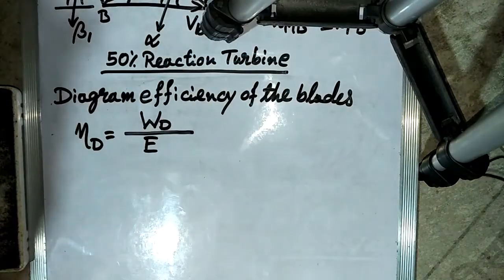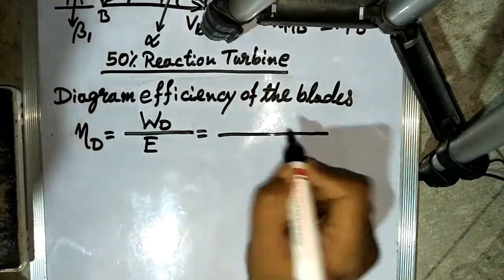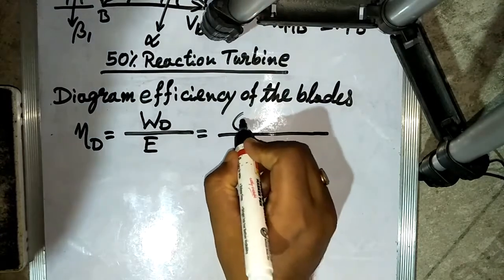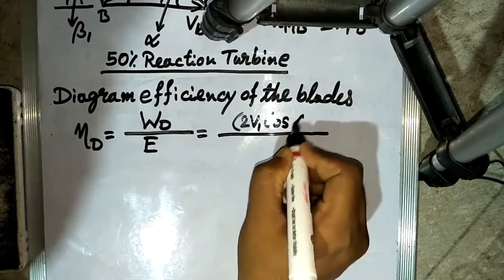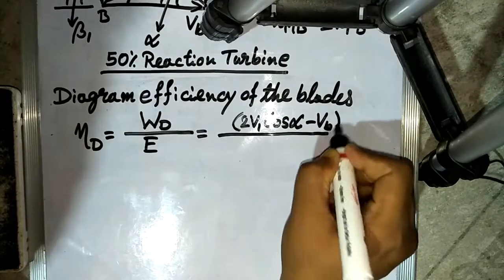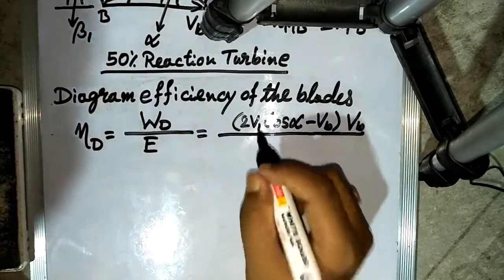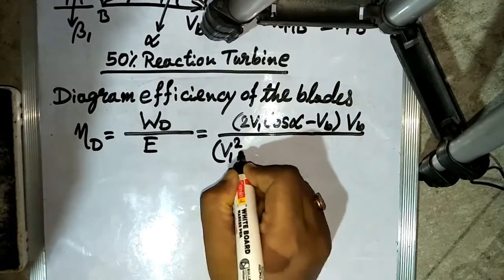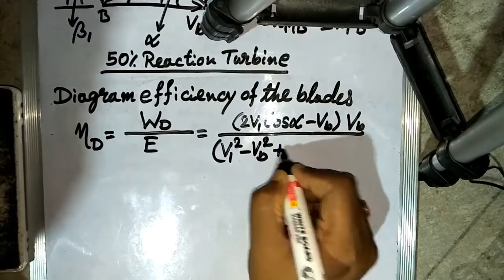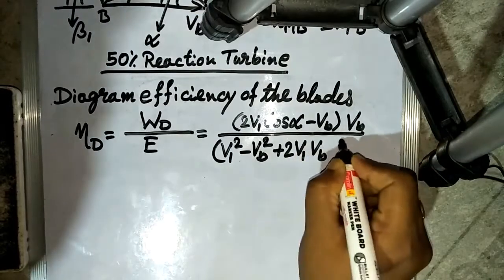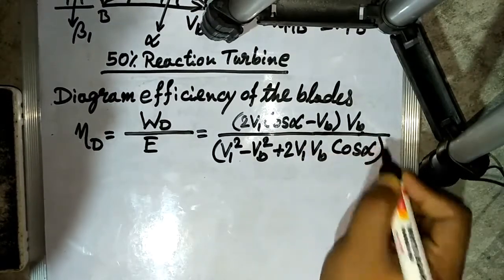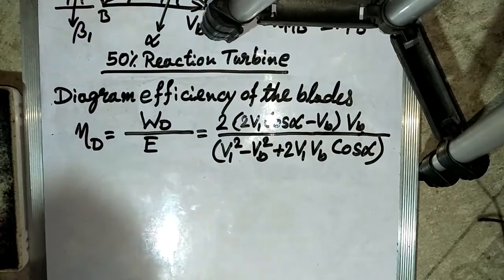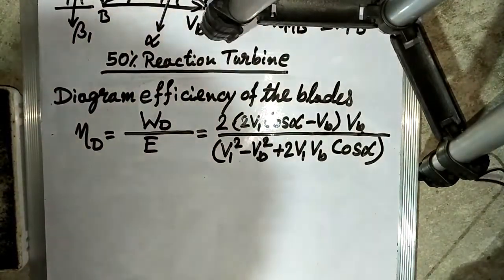Substituting the values, the diagram work is 2 V1 cos alpha minus VB, into VB, and the energy input is (V1 square minus VB square plus 2 V1 VB cos alpha) by 2, so that 2 becomes part of the numerator. This is the expression for the diagram efficiency.